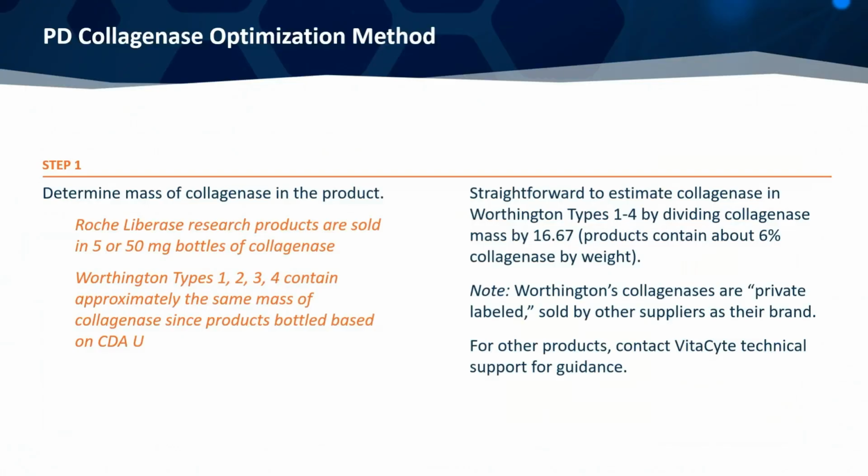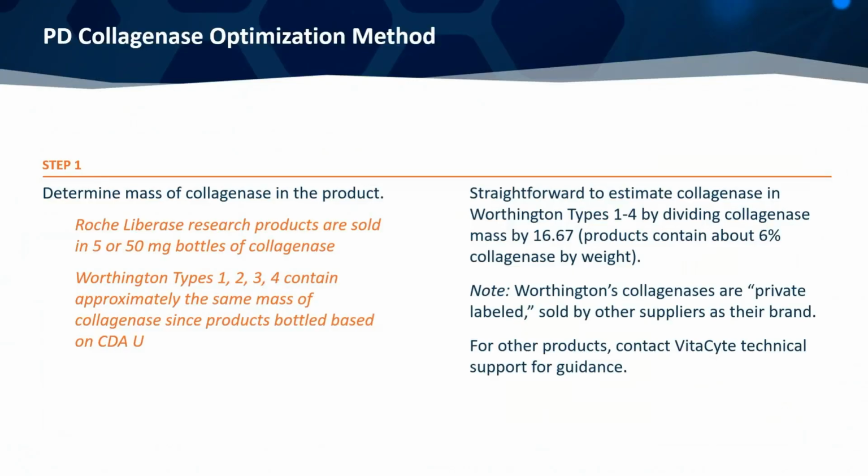Roche Liberase Research Products tells you what that mass is. Worthington types 1 through 4, they bottle based on collagen degradation activity, so all these products will have about the same mass of collagenase. For Worthington type 4, it contains about 6% collagenase by weight, so you divide the dry weight in the bottle by 16.67 and figure out how much collagenase is in the bottle.